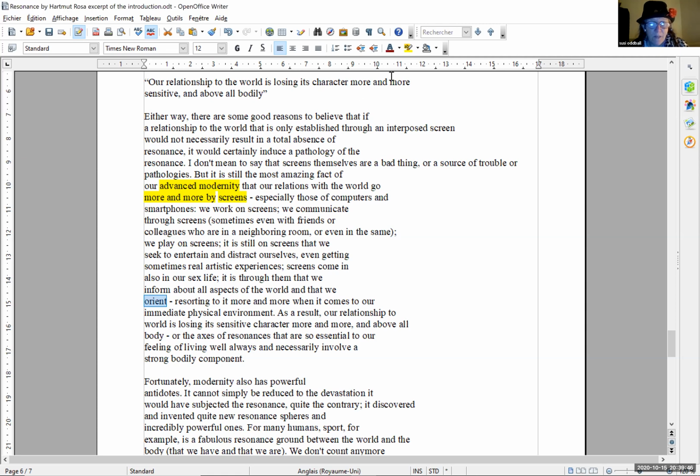As a result, our relationship to the world is losing its sensitive character more and more, and above all bodily. Yet the axes of resonance that are so essential to our feeling of living will always and necessarily involve a strong bodily component.